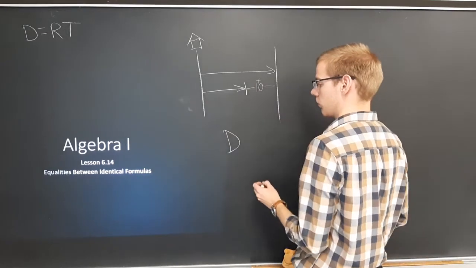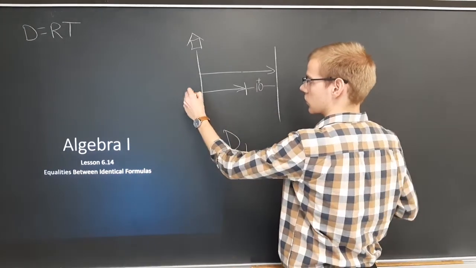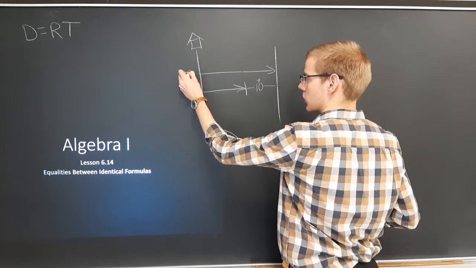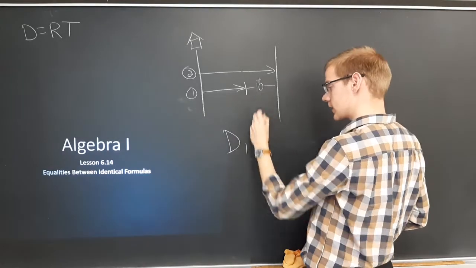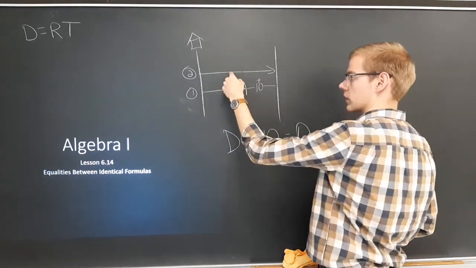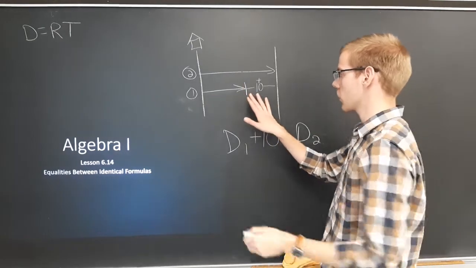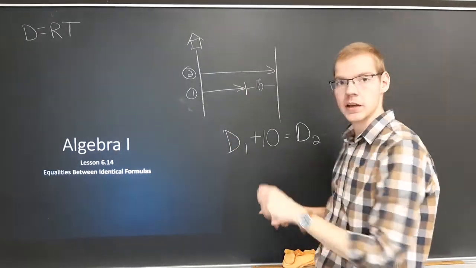Then you would do distance, let's use this one as 1 and this one as 2. Then I can write it like this: distance of this person plus 10 equals the distance of this guy. Do you see how that works? Adding these 2 together equals that.